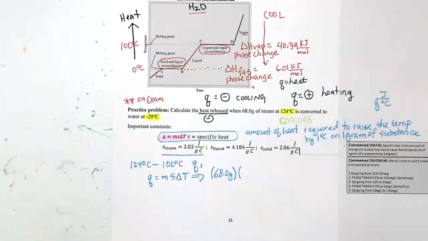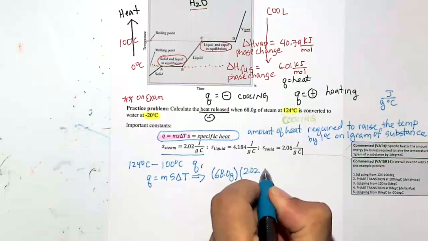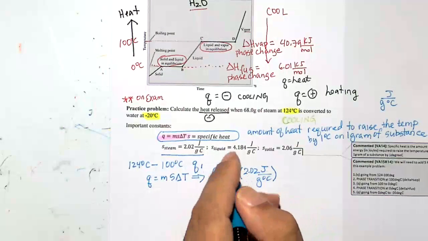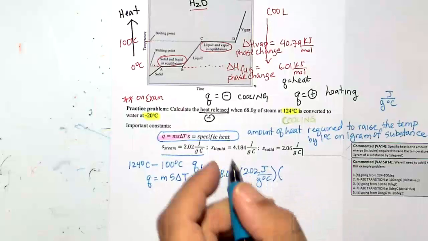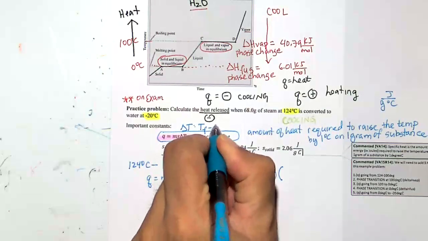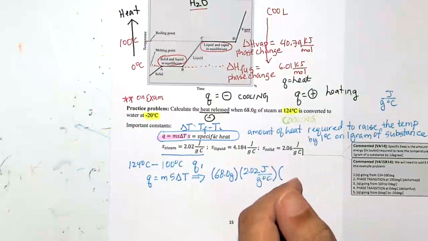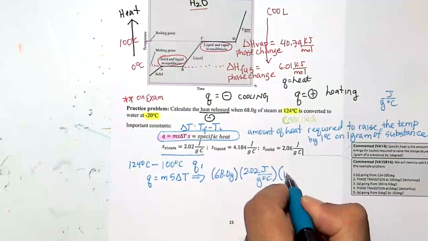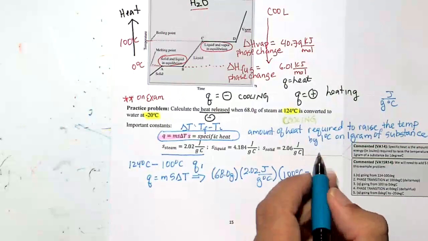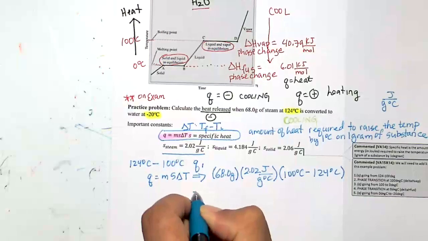So we use this constant, which is 2.02 joules over grams degrees C. And then final minus initial. What is our final temperature? And what is our initial temperature? 124.